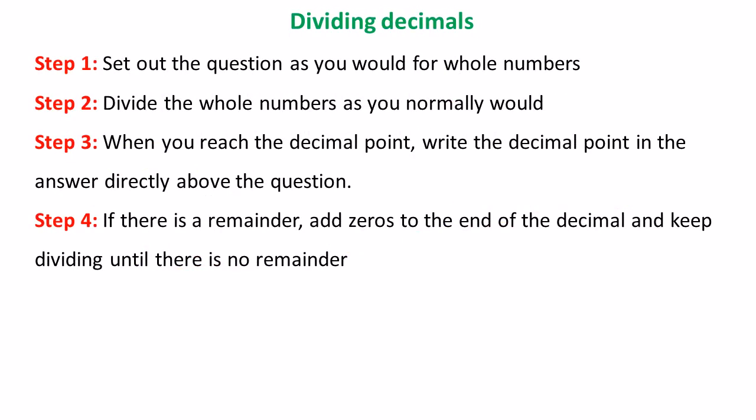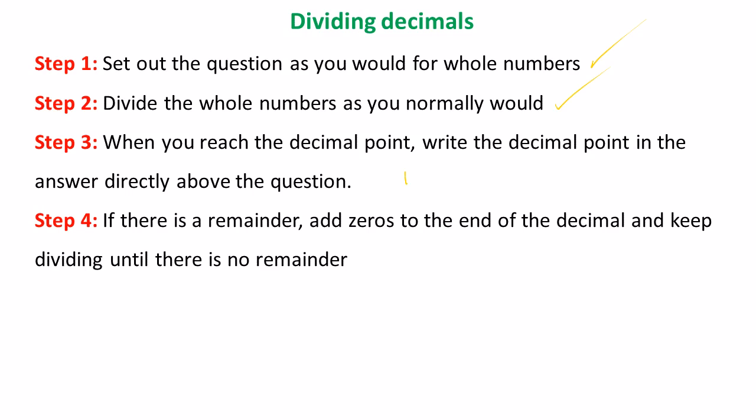When we divide decimals, set out as you would for whole numbers. We've gone through that. Divide the whole numbers as you would for whole numbers. Now, when we reach the decimal point, write the decimal point in the answer directly above the decimal point in the question.